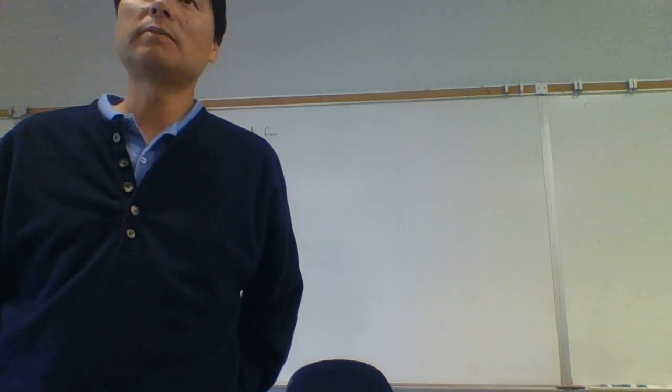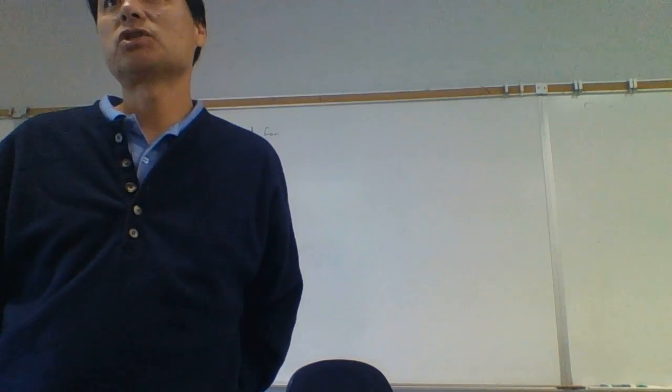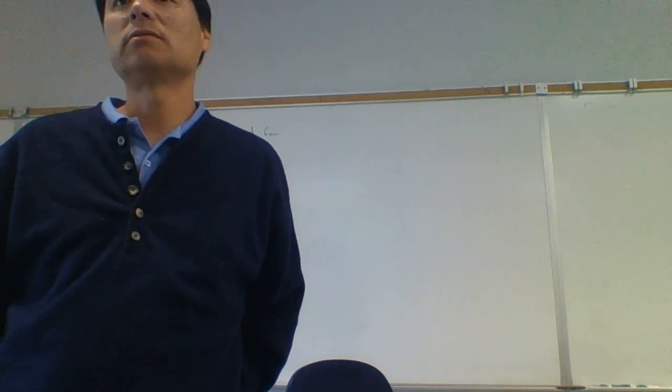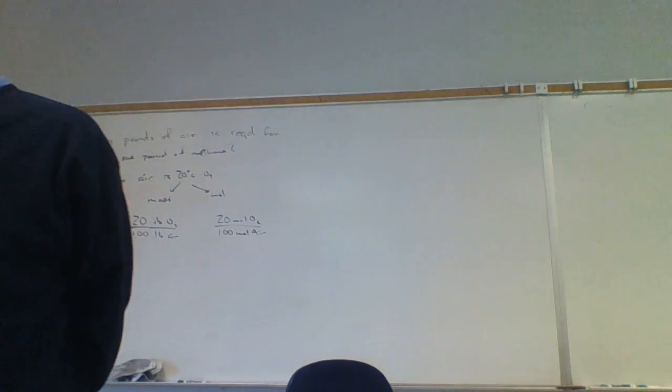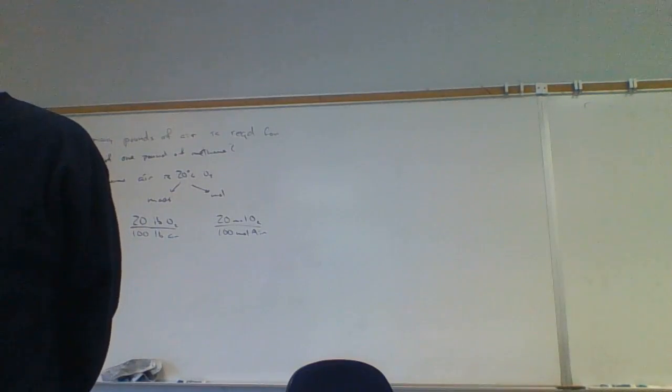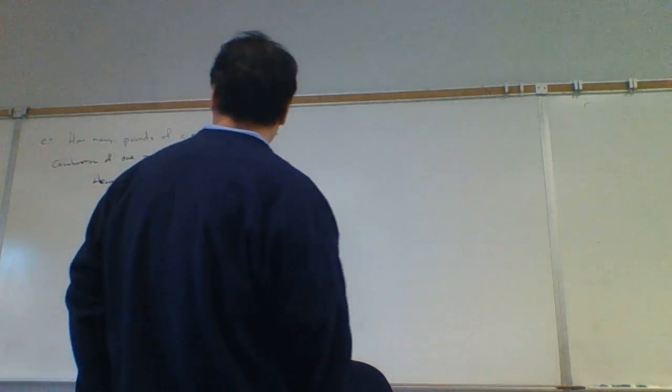Do you know the molar mass of air? Molar mass of air, it's a mixture, and so it's a bit complicated, but we can figure it out, and this is the way we do it.